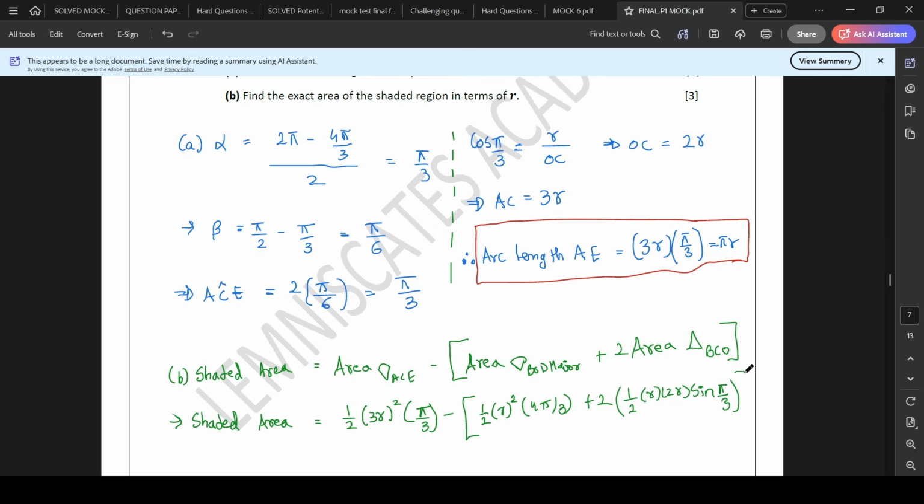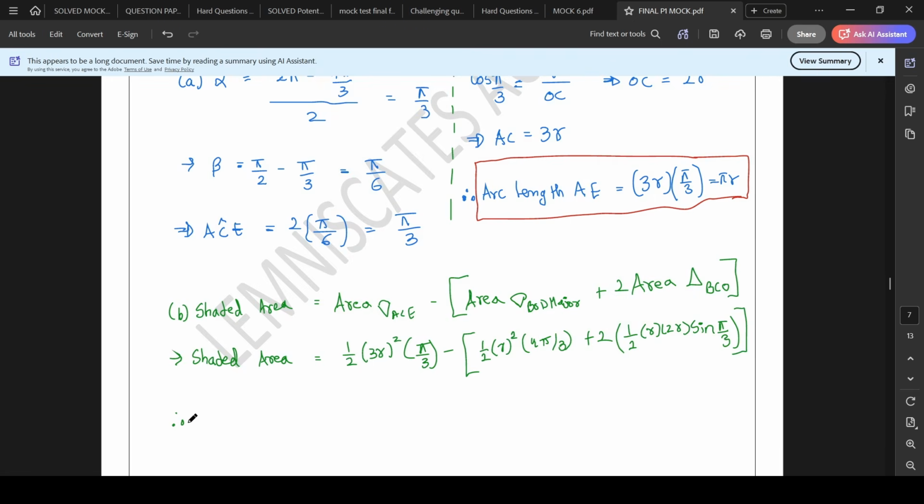Now I just need to simplify this further. And therefore I can say that the shaded area is equal to, if I simplify this, 3 squared is 9, 3 squared is 9, so 9 over 6 pi r squared, minus, this is 2, this is 4, so 2 and 2 get cancelled, so you are going to get 2 pi by 3 r squared.